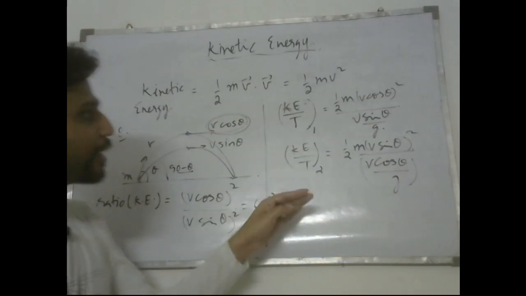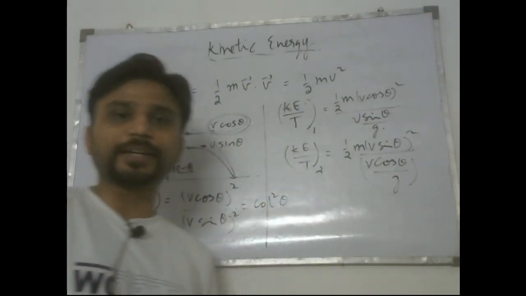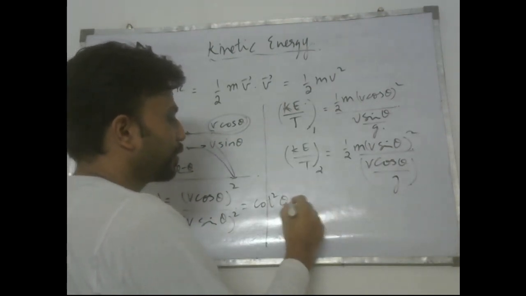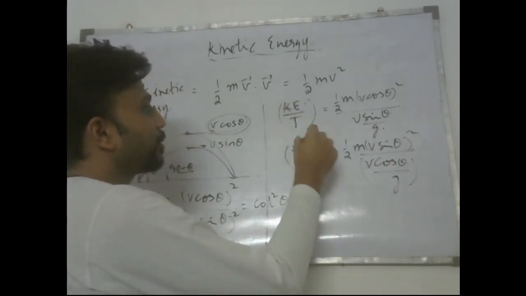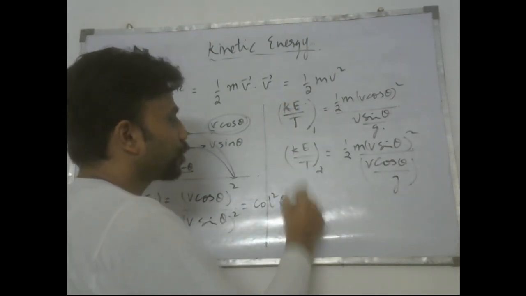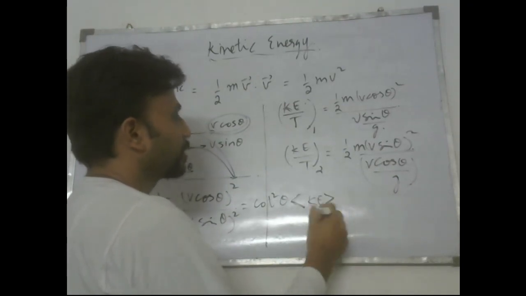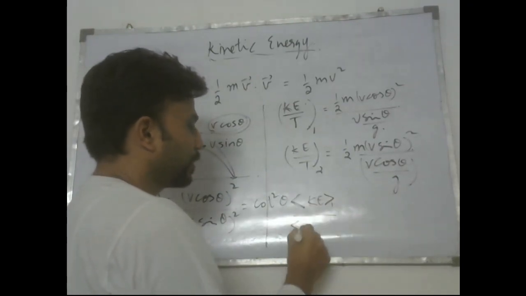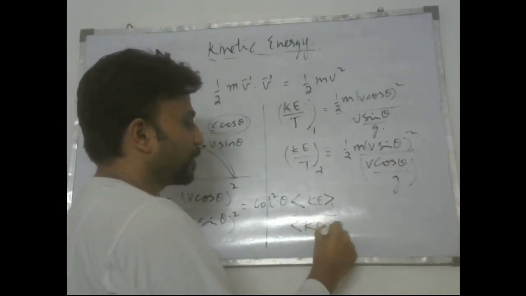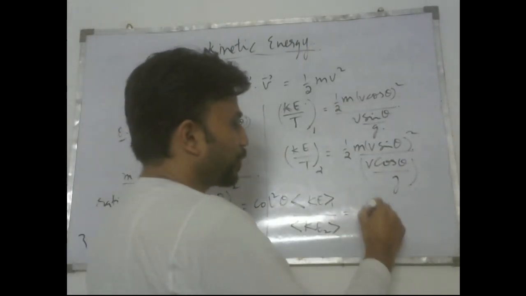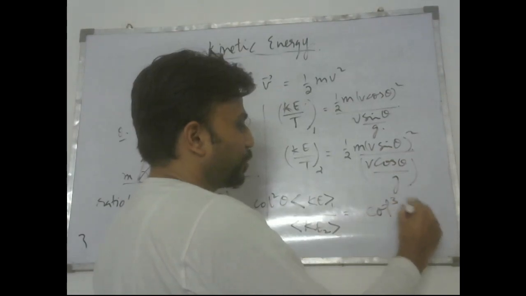So we have to take the ratio of the average rate of change of kinetic energy of the particles. After taking the ratio, we write the expression for the first particle divided by the expression for the second particle. After dividing these two terms you would get cot cube theta.